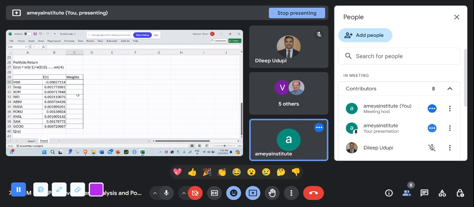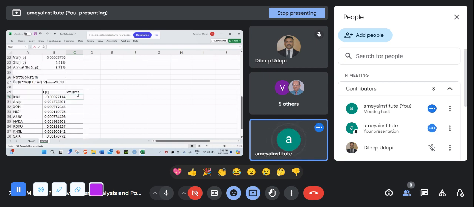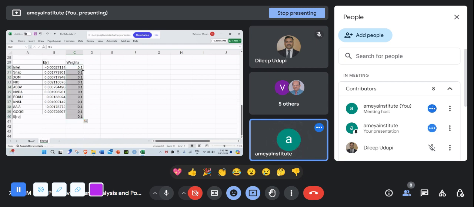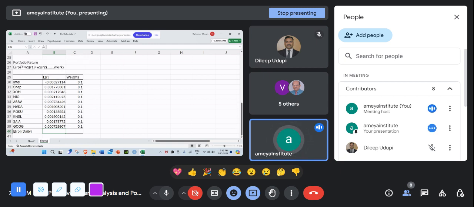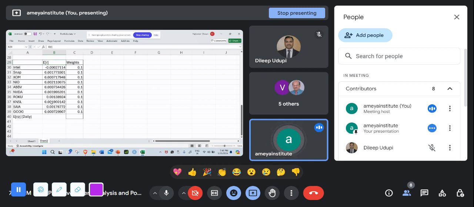And we can take the weights over here, that is equal weight 0.1 for all the assets, right? So this is my daily expected return. We are going to apply the formula here also: weight into return plus weight into return of second asset, like this for 10 assets we'll calculate.